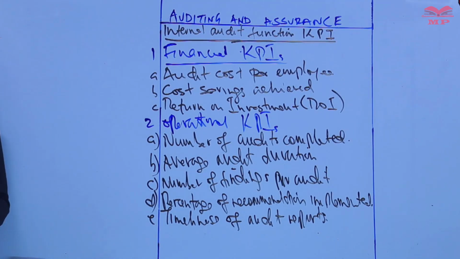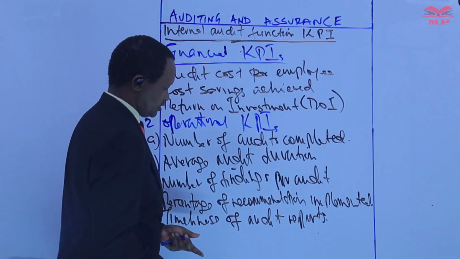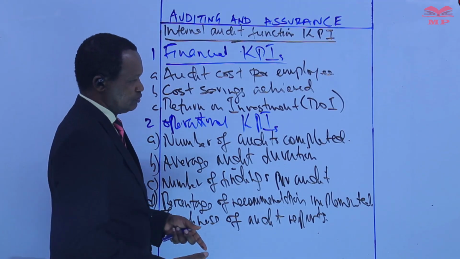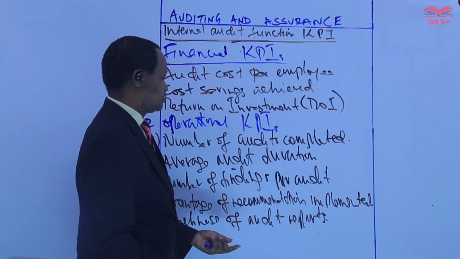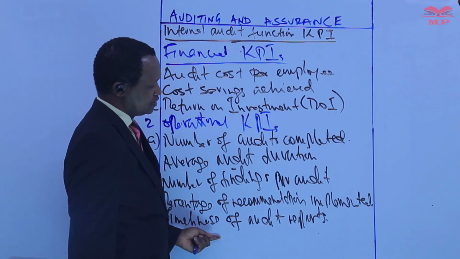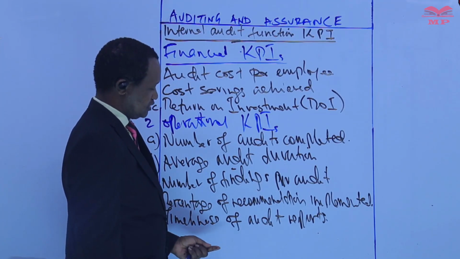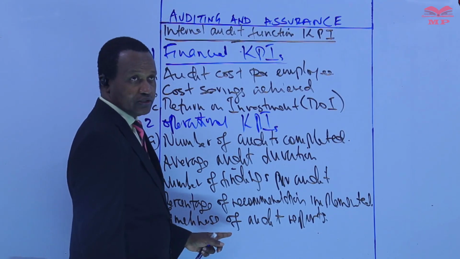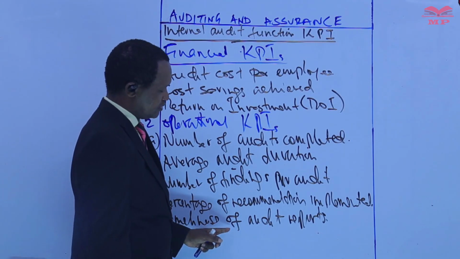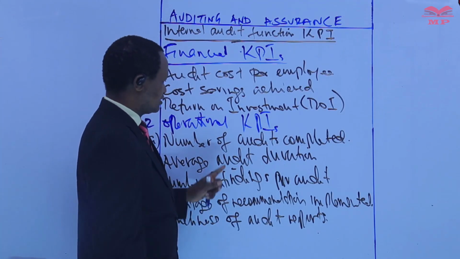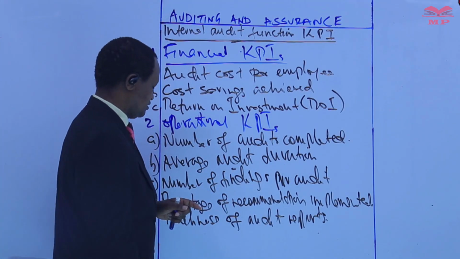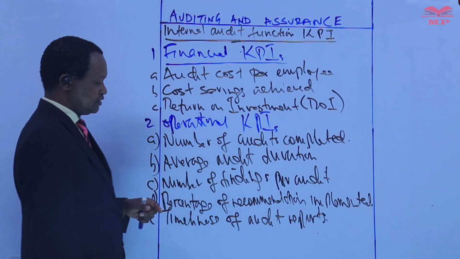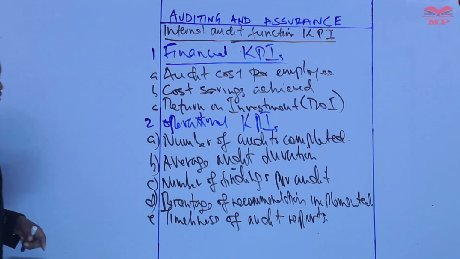This is a key performance indicator that measures the efficiency of the internal audit function in issuing internal audit reports. It could be a report on the internal controls. When is the report issued? Is it timely or are there delays? So that is an operational key performance indicator. You understand? Timeliness of audit reports.